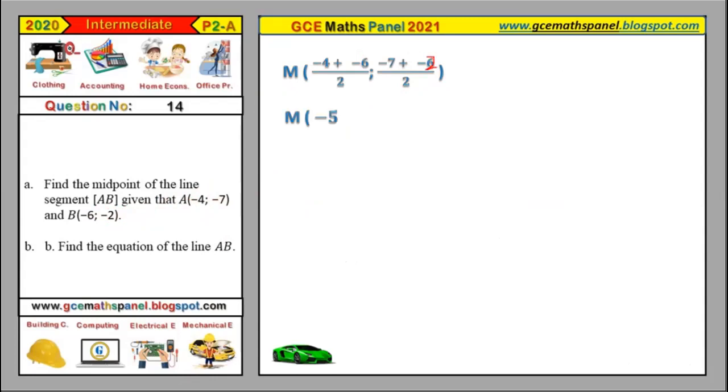So this gives us minus 5, comma, minus 4.5.